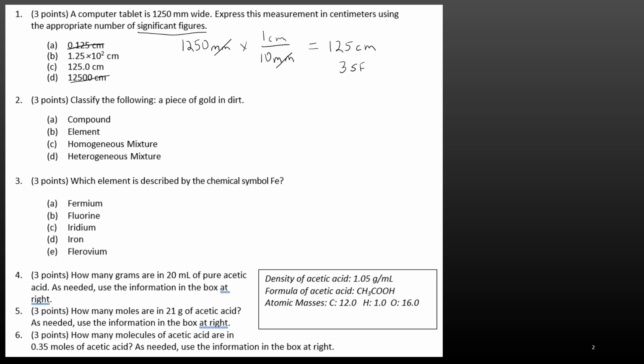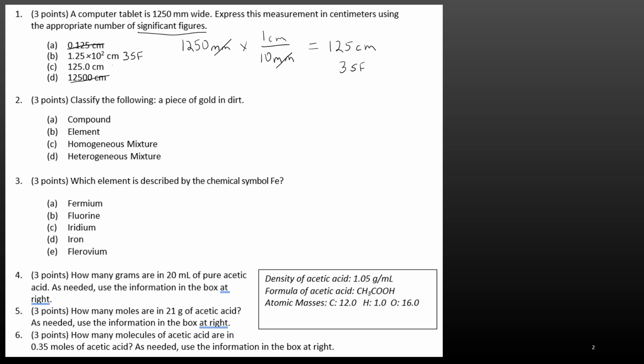Well, B is 3 significant figures because when you have scientific notation, all the figures in the coefficient, which is 1.25 in this case, are significant. So we have 3 significant figures.